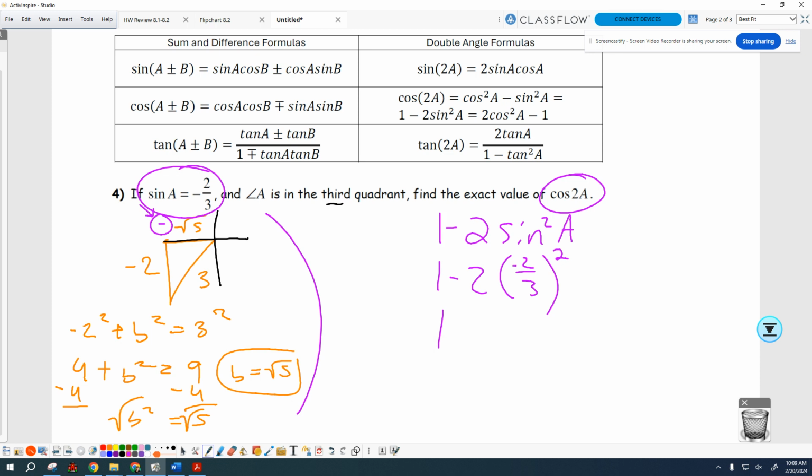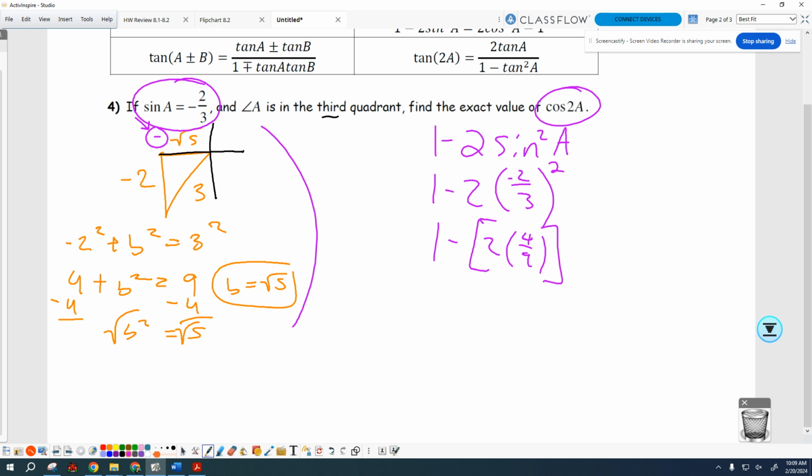Guys, I'm concerned with order of operations. Can I do 1 minus 2 and then multiply? No. Okay, just checking, because some of you, it looks so enticing. Oh, 1 minus 2, it's easy. No, don't do that. Peter, what is negative 2/3 squared? 4 ninths.